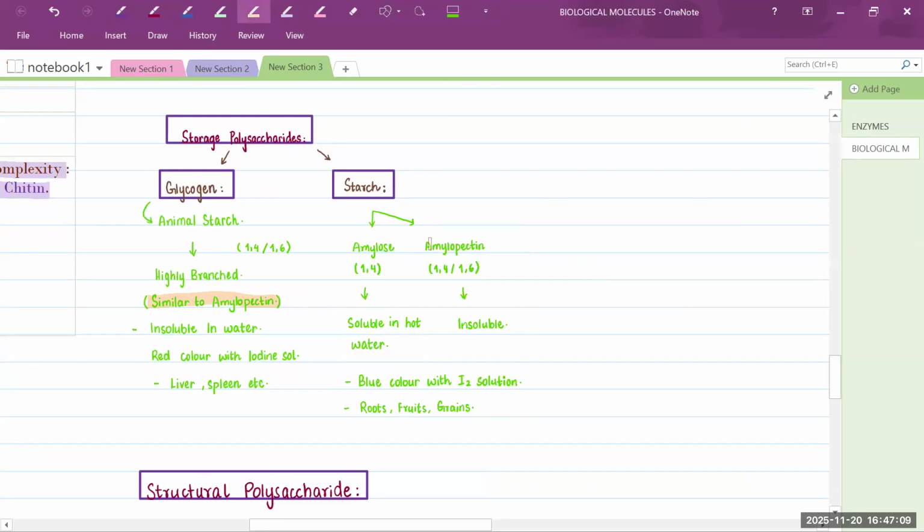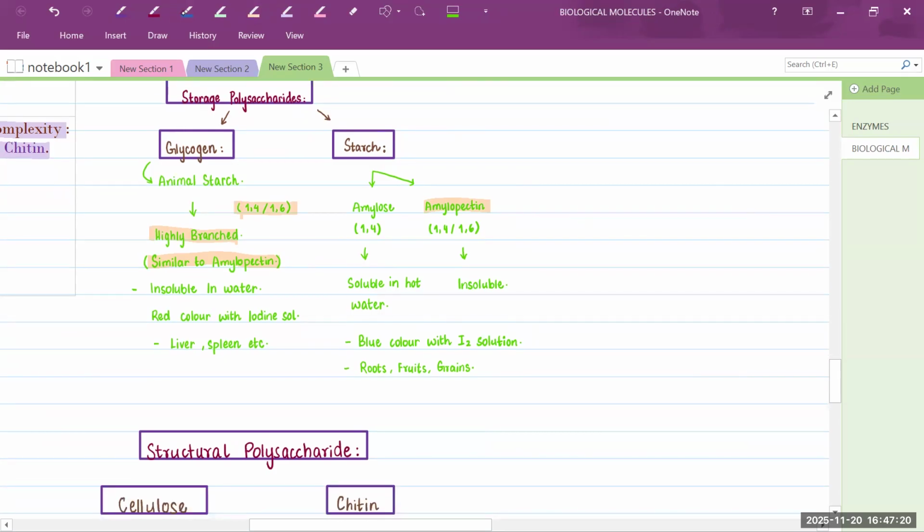It is similar to amylopectin but much more highly branched than amylopectin. It has glycosidic linkages of 1,4 and 1,6. The branching has the 1,6 linkage.